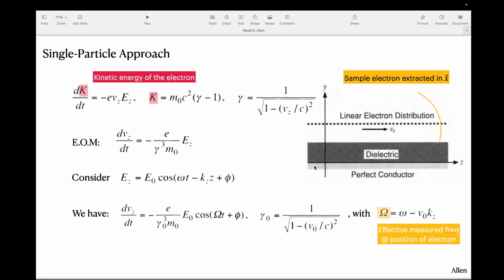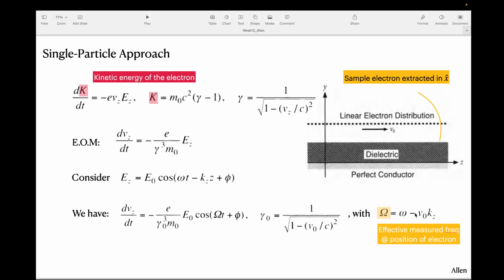And the corresponding equation of motion along the z direction is expressed in this term, which we have discussed in the previous section, where we have gamma to the power 3 in the denominator. So we consider the electric field in this form. Then we can plug this back into the equation of motion in order to get the relationship of the velocity, where the big omega is the effective measured frequency at the position of the electron.